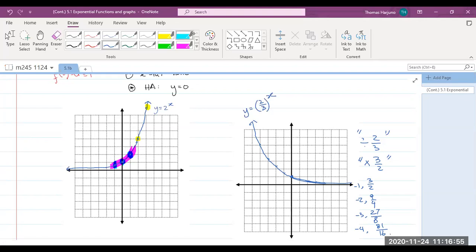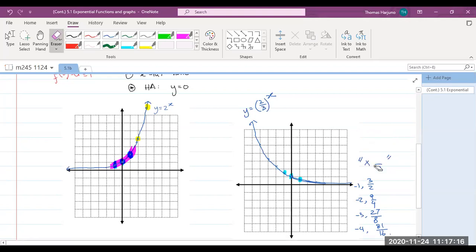Now, those three important coordinates I told you earlier are these: (0, 1), (1, 2/3), and (-1, 3/2). Okay, that's to review what we saw last time, last Tuesday.